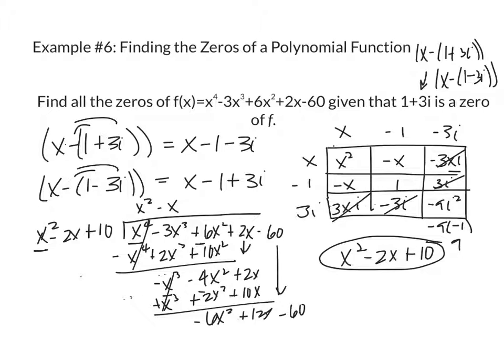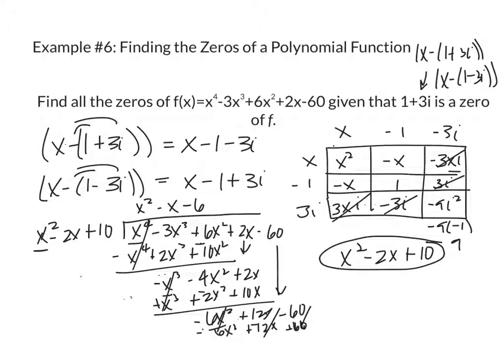Now I focus on x squared and negative 6x squared, so that's negative 6. And that should give me negative 6x squared, positive 12x, and negative 60. Again, all the signs change, and then this time everything cancels. So we have this polynomial x squared minus x minus 6.